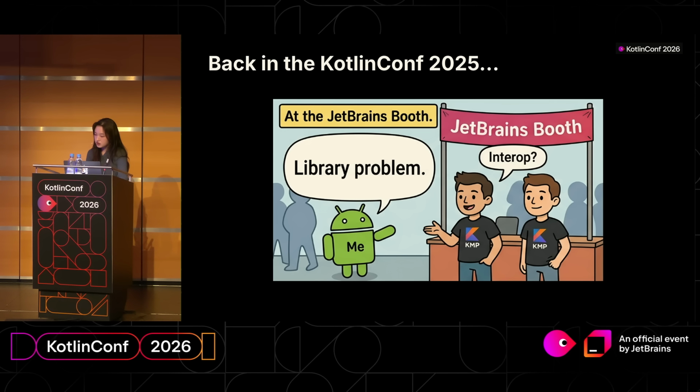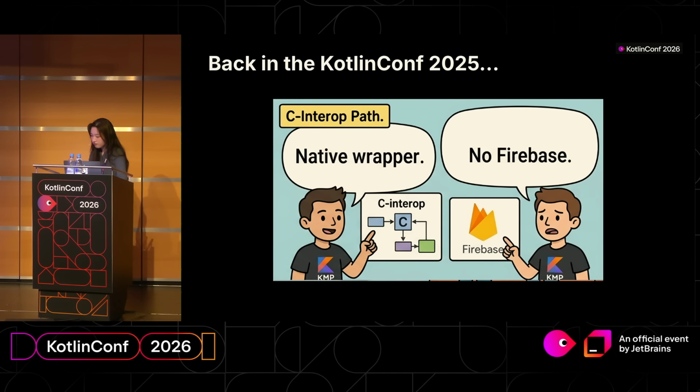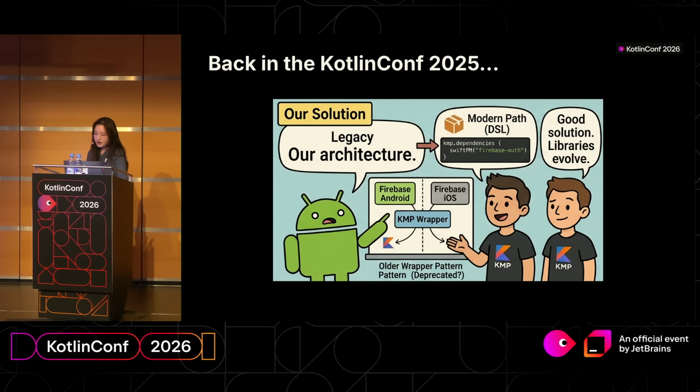I walked up to the JetBrains booth and asked about integrating third-party libraries into a KMP project. The first developer there walked me through the standard C Interop approach, and the second developer chimed in and said that approach actually doesn't work for the Firebase SDK. So I explained what our team had ended up with, the delegate pattern I just walked you through, and we really got into it.